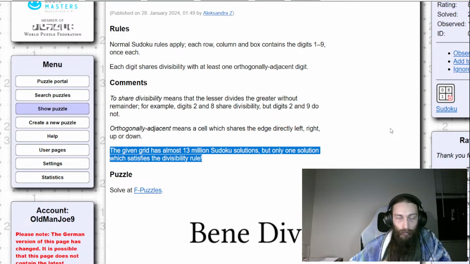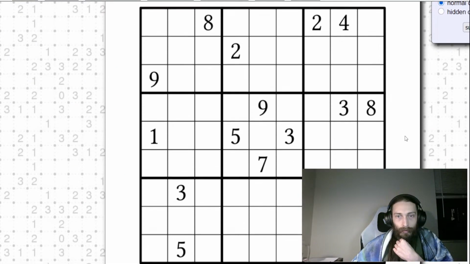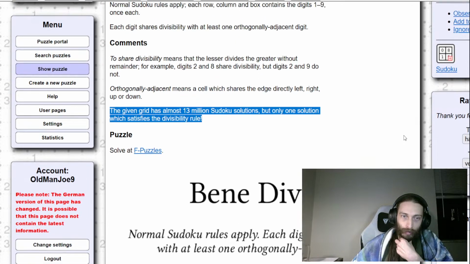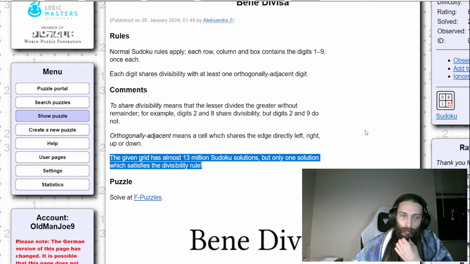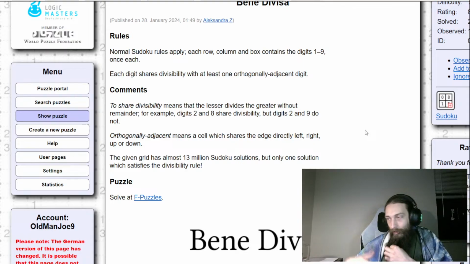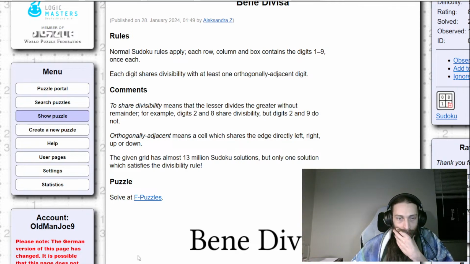So that is quite impressive, that one rule brings it down from 13 million. But it just shows you how restrictive that rule is. That digits had to have at least one neighbor that is a factor or a multiple.